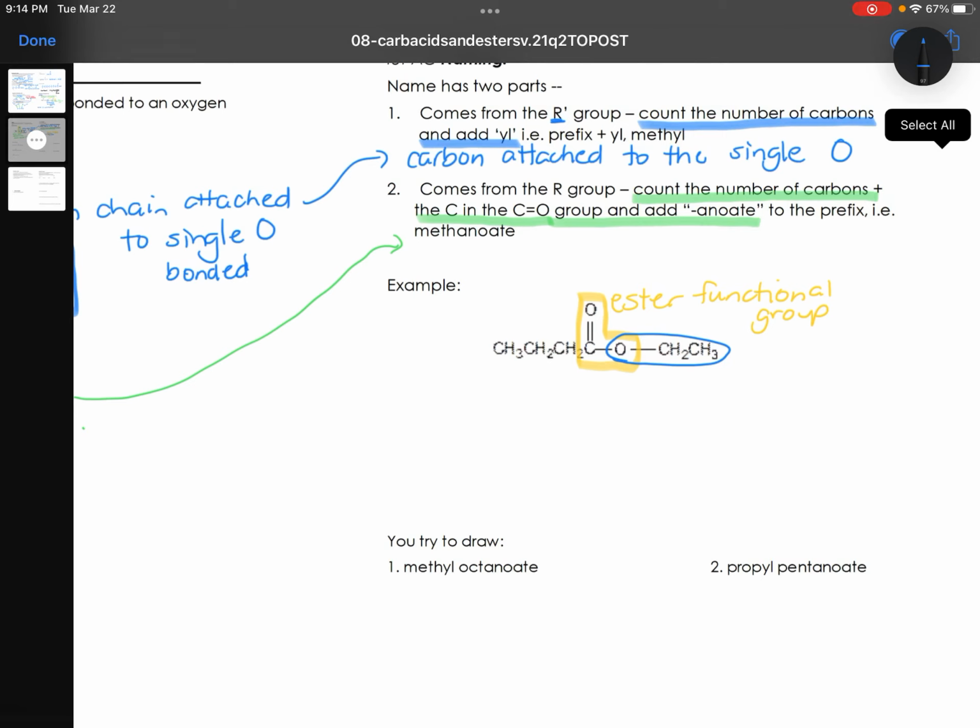There are 2. Same rules as before, we're always counting the number of carbons. This is condensed instead of tick form. So the CH2 means that carbon has 2 hydrogens attached to it. Whether you use tick form or a condensed form like this one doesn't matter. You're still counting the number of carbons. So here we have 2 carbons. So that's eth, and then you give the ending yl with the single O.